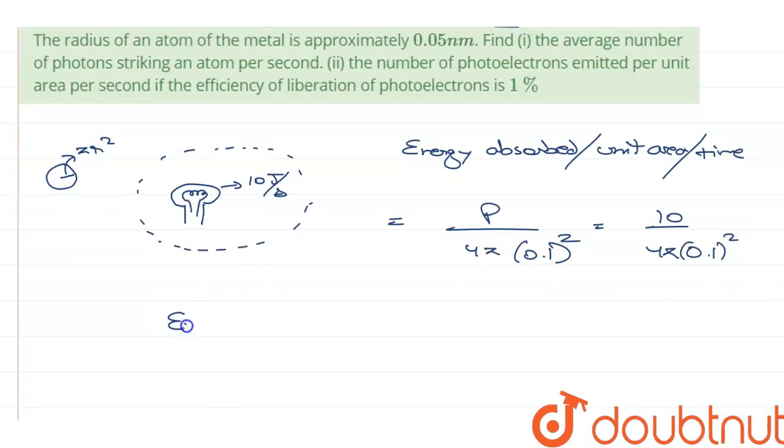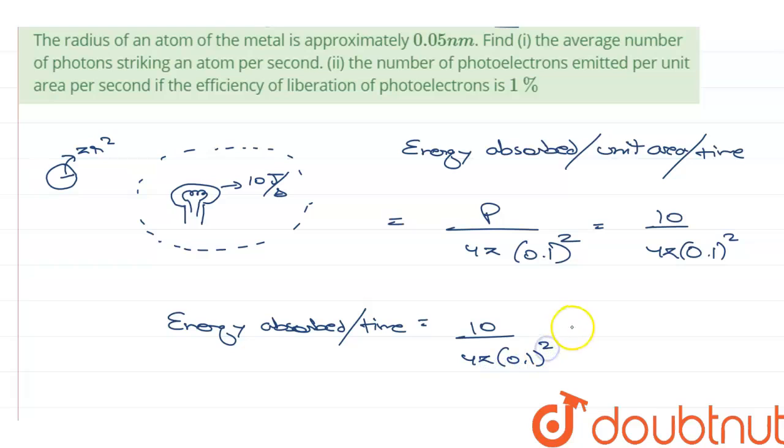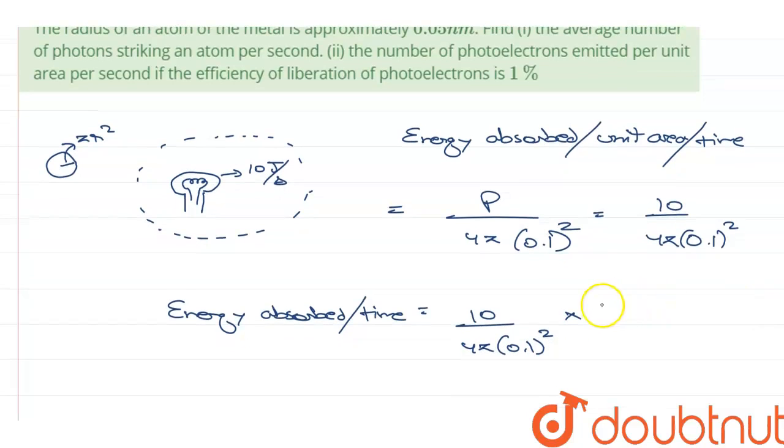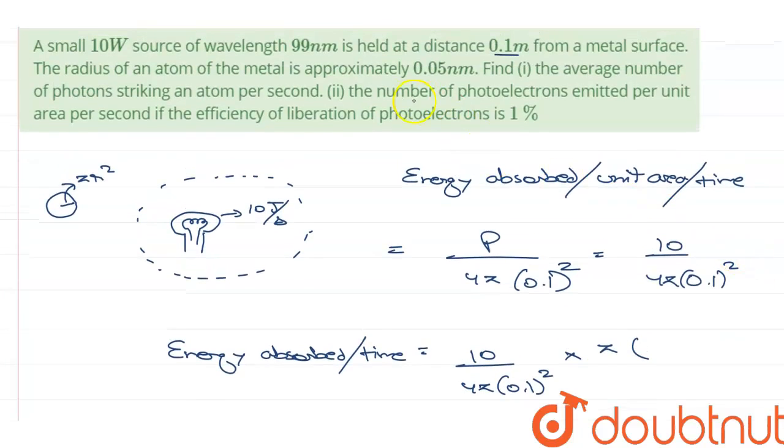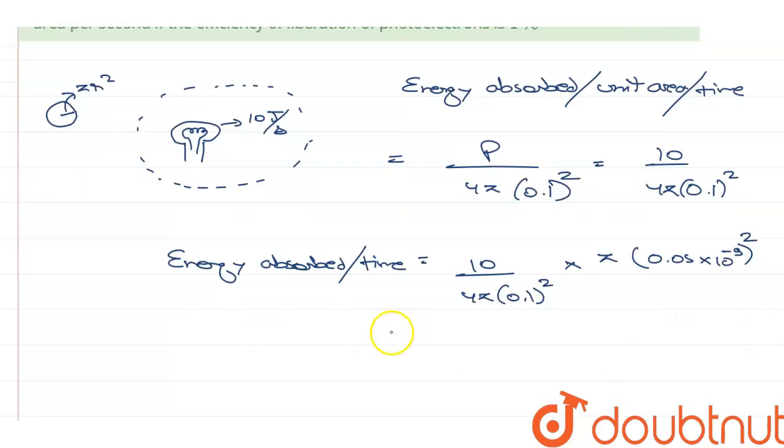So the energy absorbed per unit time is equal to 10 upon 4 pi 0.1 squared into pi, and this is 0.05 nanometers, so 0.05 into 10 raised to the power minus 9 squared, which turns out to be 6.25 into 10 raised to the power minus 19 joule per second.